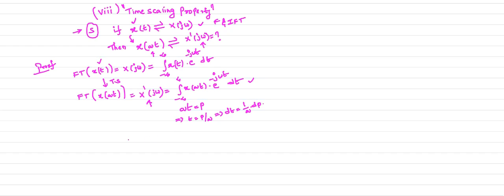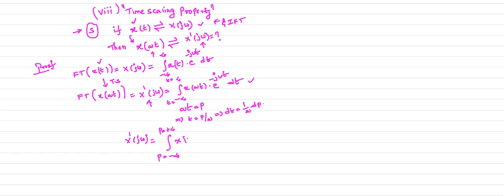So x dash of j omega is equal to, now previously these are the limits for t. Now I am going to change this from t domain to p domain. What are the new limits for p? My p is also ranging from minus infinity to plus infinity, because here t is ranging from minus infinity to plus infinity and t is p by a. Therefore your p is also ranging from minus infinity to plus infinity.